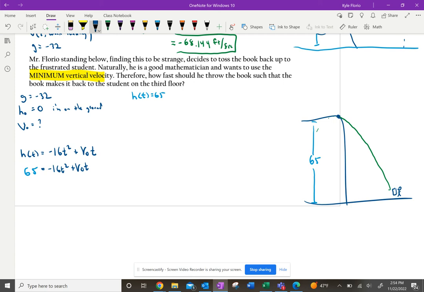Now, first of all, there are two variables here, so I'm not going to solve it. Second of all, I want the minimum velocity at this point. So let me continue this like I did before.